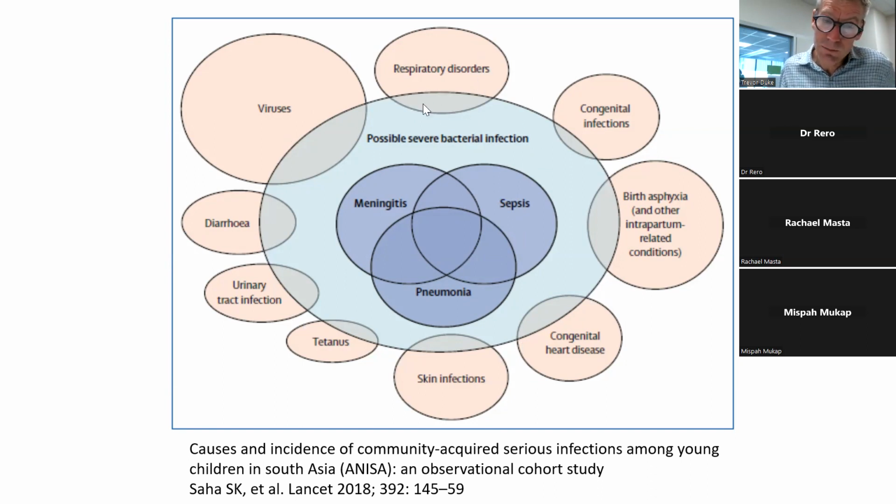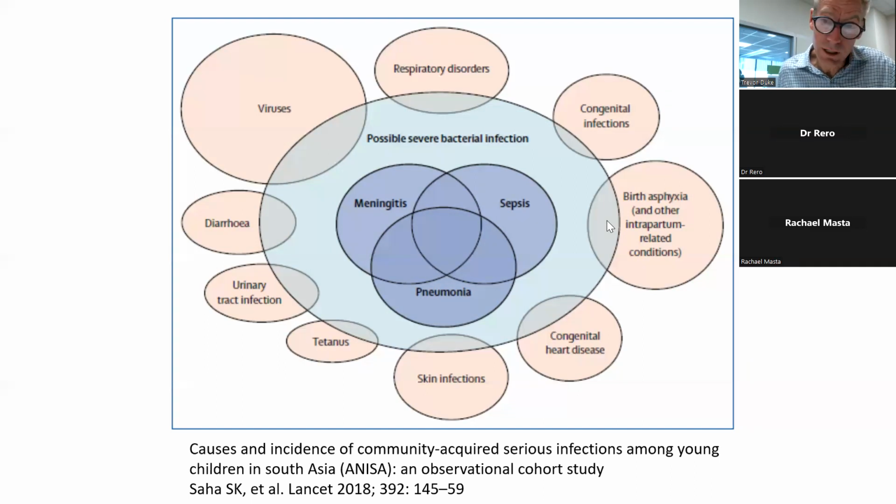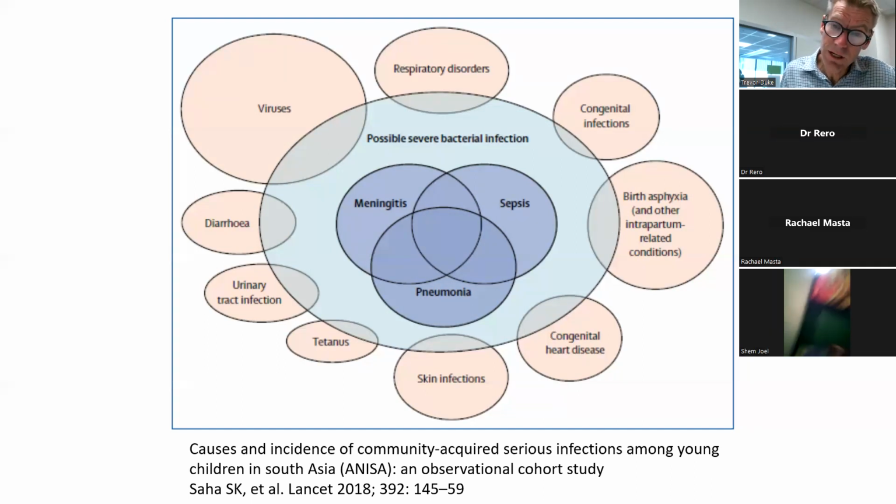So, babies who have hyaline membrane disease and respiratory distress syndrome can look a bit like they've got a serious bacterial infection too. Or babies that are born with birth asphyxia can also look like they've got a serious bacterial infection. And many of them do. They may have both a bacterial infection and birth asphyxia.